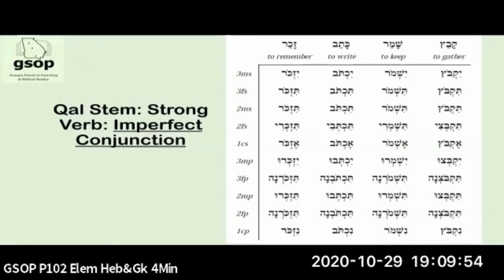And so in the second root position, that's under the kaf, you have the holem, that dot at the top, the O sound. And so you have yizkor, and that is the third masculine singular form, the imperfect conjugation. Third masculine singular would be he will remember. Instead of he remembered under the perfect, in the imperfect it would be he will remember.